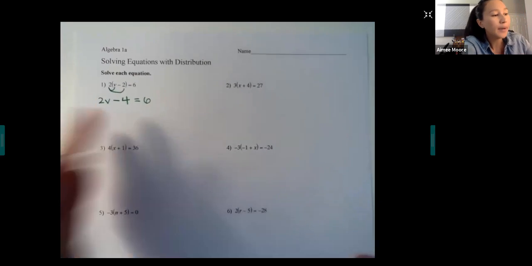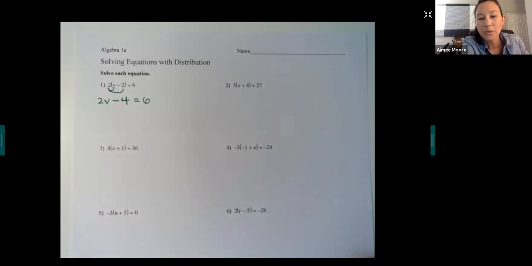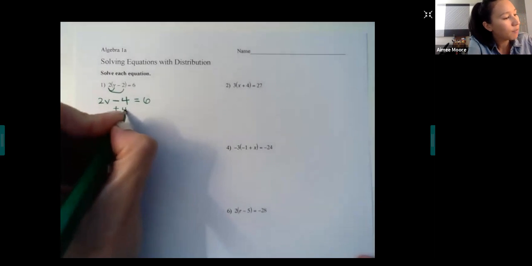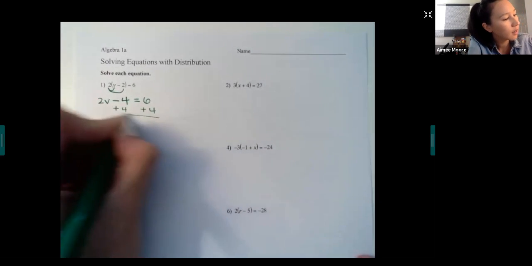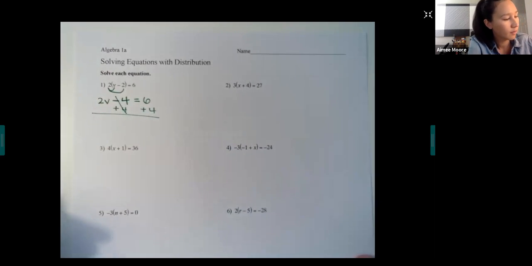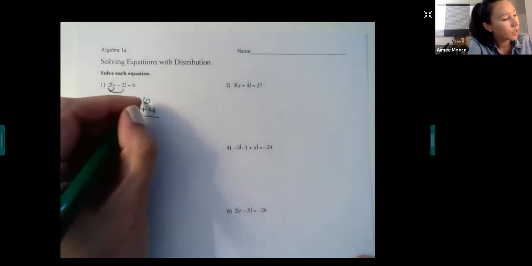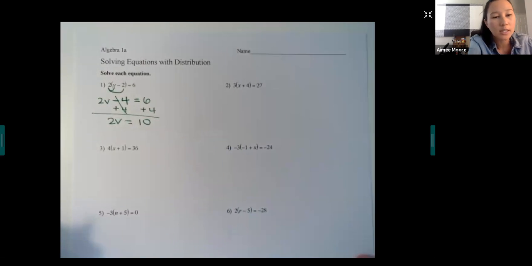Now it's exactly like those 8 problems we just completed on solving 2-step equations. So we get rid of the -4 by adding 4 to both sides. The 4's cancel out. We bring down our 2v, which equals 6 plus 4, which is 10.